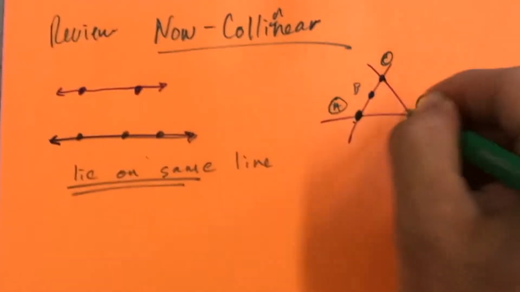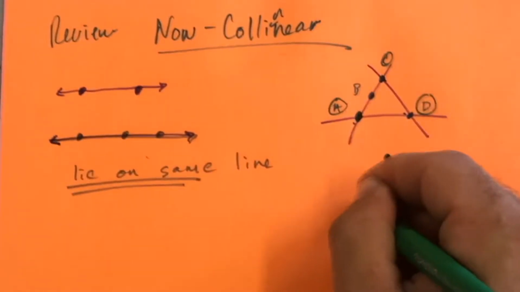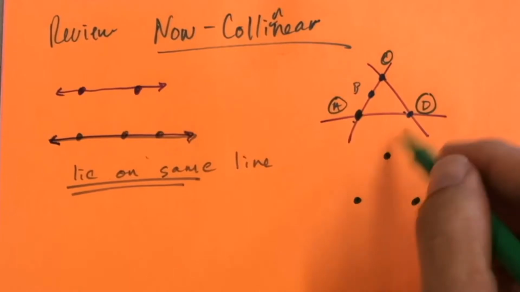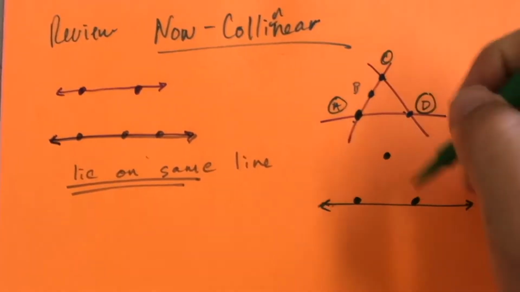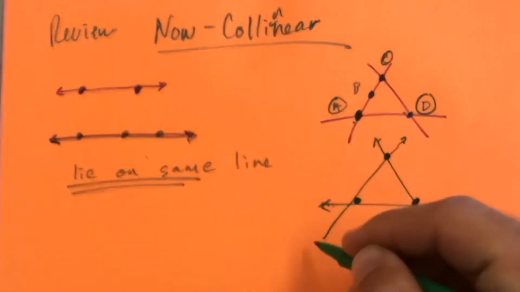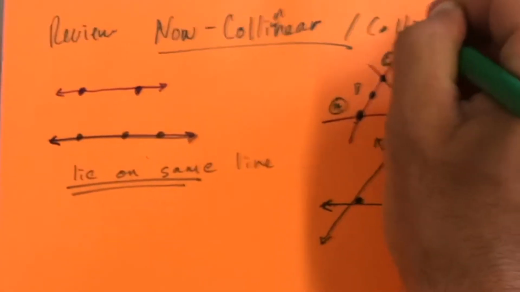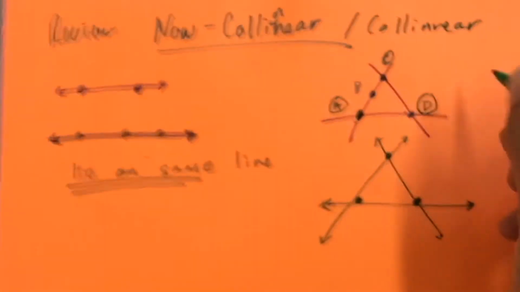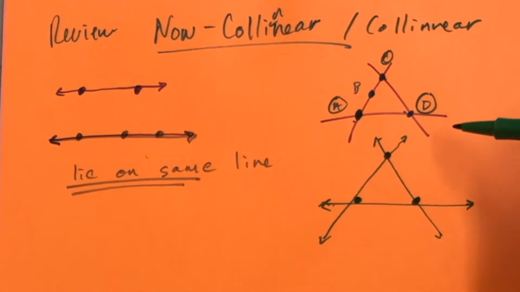These 3 points here, because if you take that out of the diagram, this is how the points would be lying in space. And those 3 points, there's no one line that I could draw that would contain all 3 of those points. So when you're looking for collinear and non-collinear, okay, you're looking for points on or not on the same line.